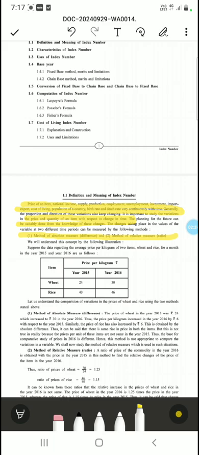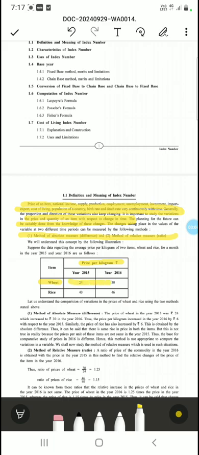Here two items are given, wheat and rice, and their respective prices are given in the year 2015 and in the year 2016. Let us first see the commodity wheat. Here the price per kilogram is given. What is the per kg price of wheat in 2015 and 2016?